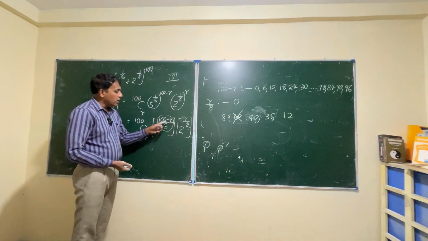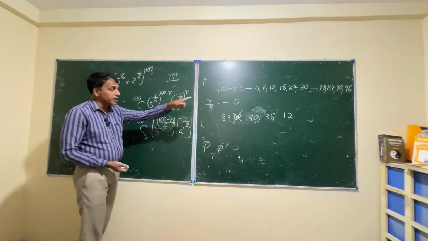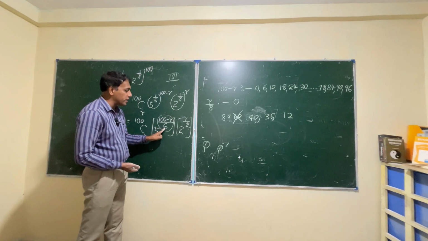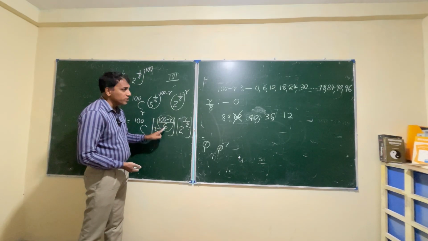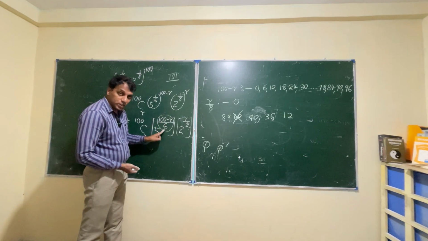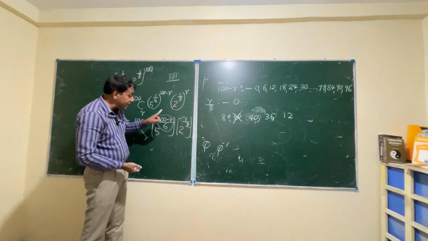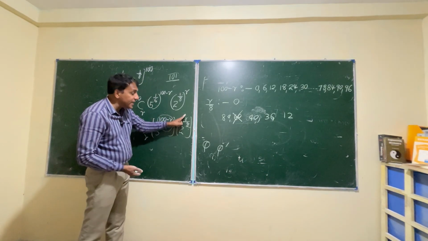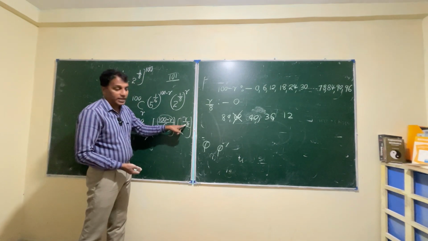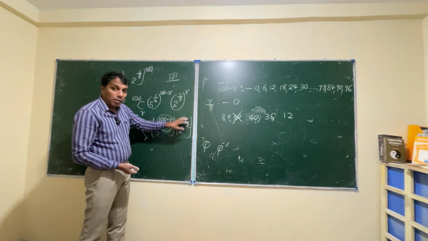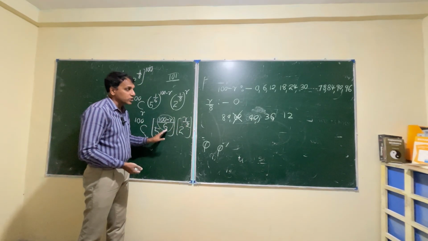This is the technique: 100 minus r can be 0, 6 over 6 is 1, 12 over 6 is 2, 18 over 6 is 3, 24 over 6 is 4. Put the same value of r and see whether it fits. Both must be satisfied, this alone is not enough. Okay, very nice question.